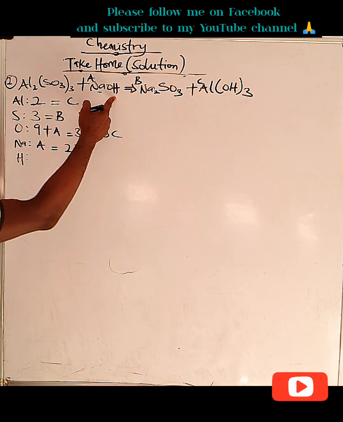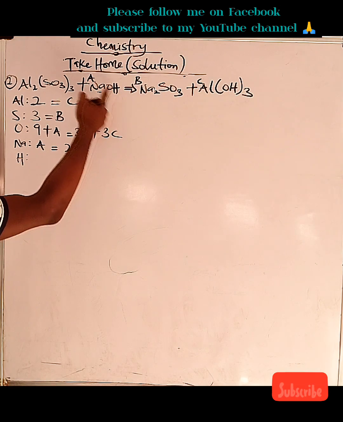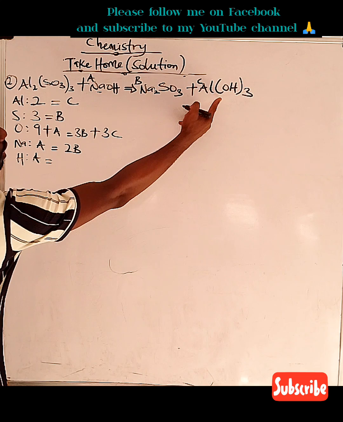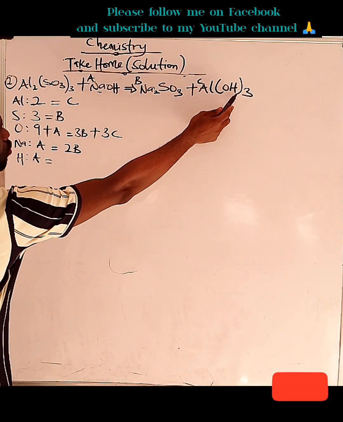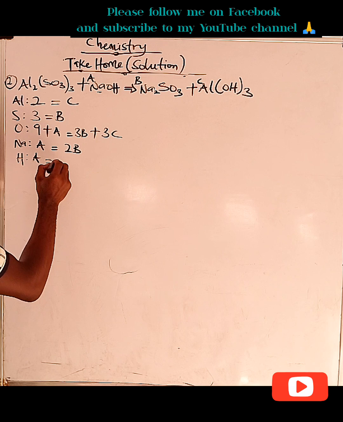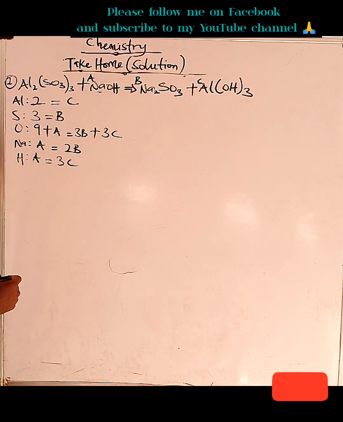How many atoms of hydrogen here? 1, 1 times A, that is A, equals on the product side 1 atom times 3, that's 3 atoms of hydrogen, 3 times C is 3C. So aluminium, sulfur, oxygen, sodium, then hydrogen, we're done with all the elements.